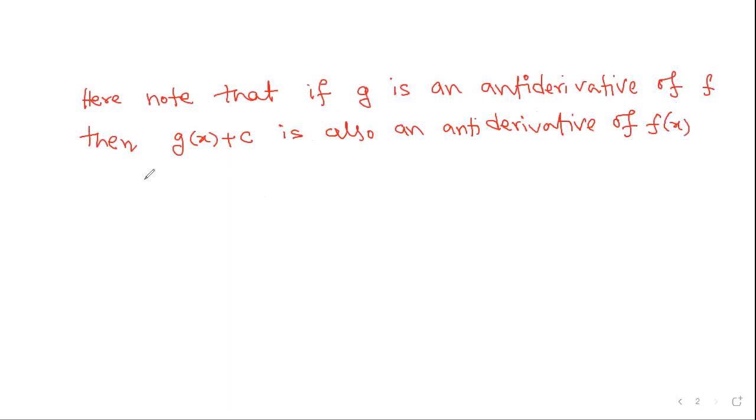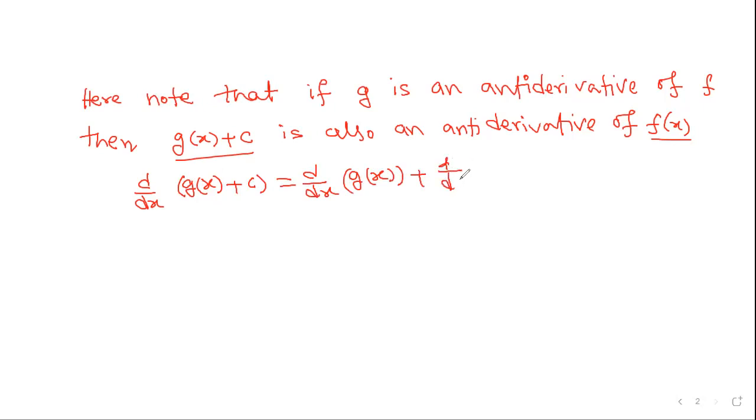Why is this? To check that this is an antiderivative of f(x), we need to check that the derivative of this function is the function f(x). We know the derivative operator is linear, so it is d/dx of g(x) plus d/dx of the constant. This is f(x) because g is an antiderivative of f, and we know the derivative of a constant is 0. So we are getting f(x).